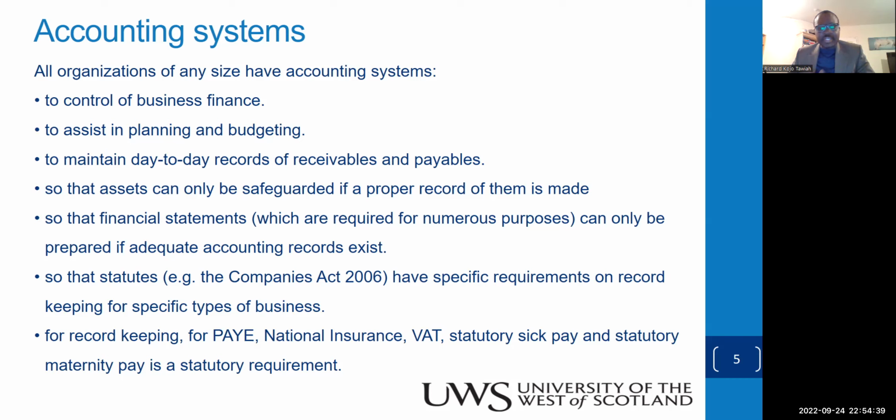And the accounting system also helps in record keeping for pay-as-you-earn deductions. Payroll comes in here, you see. National insurance contribution, VAT, any statutory requirements. The accounting system helps us to comply with those.